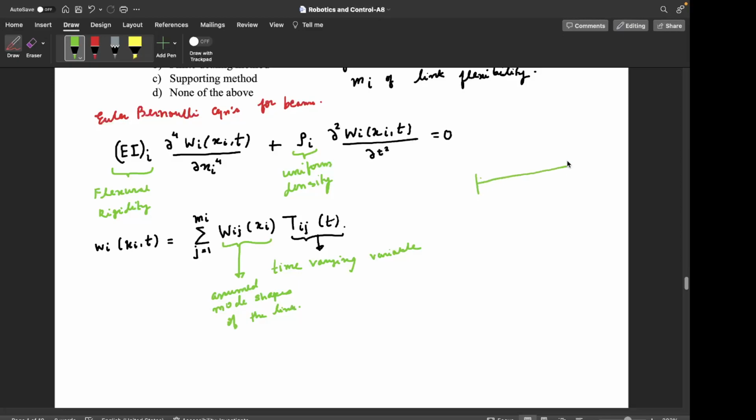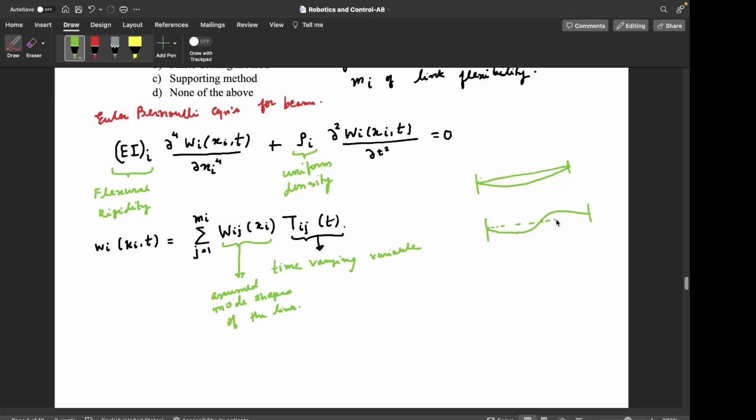Let's say there is a fixed end, it could be possible that it just deforms like this, with nodes at both the ends, and it could also be possible that it deforms something like this, right?